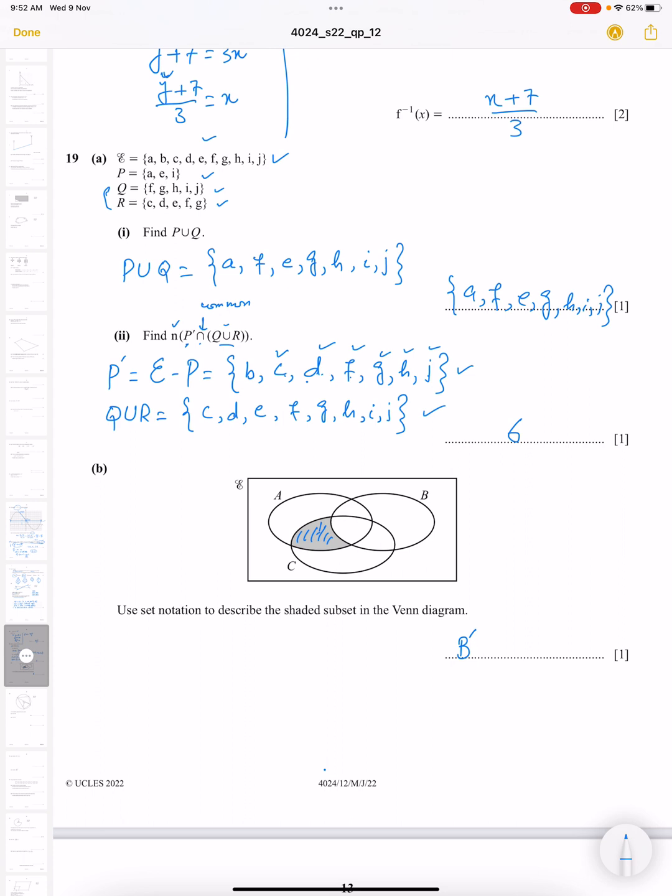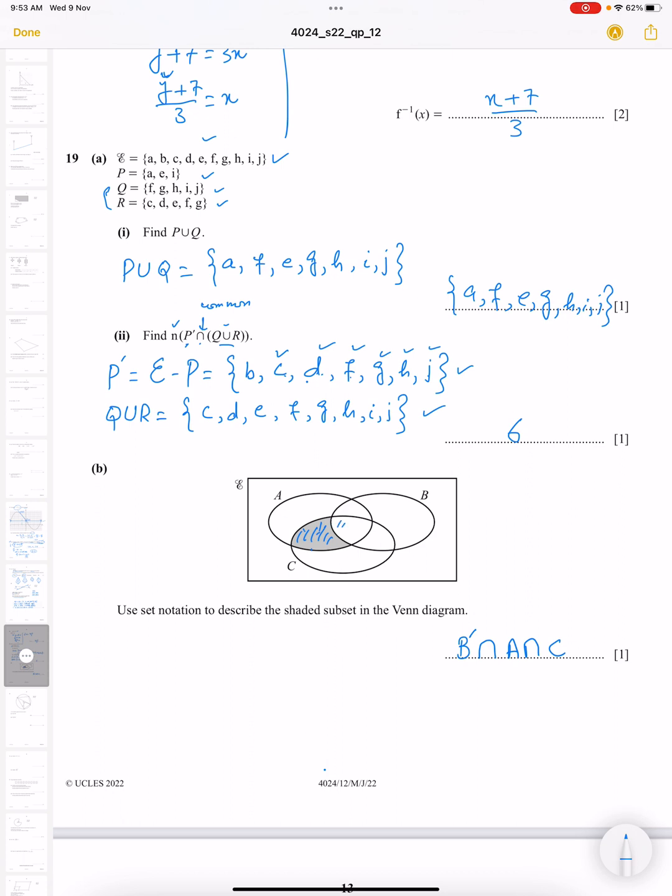And since this part is basically a common part of A and C, common part of A and C means it's A intersection C. So the total part is that which is common with B complement, means intersection, okay, common with A intersection C. This is the part. B complement intersection with A intersection C.